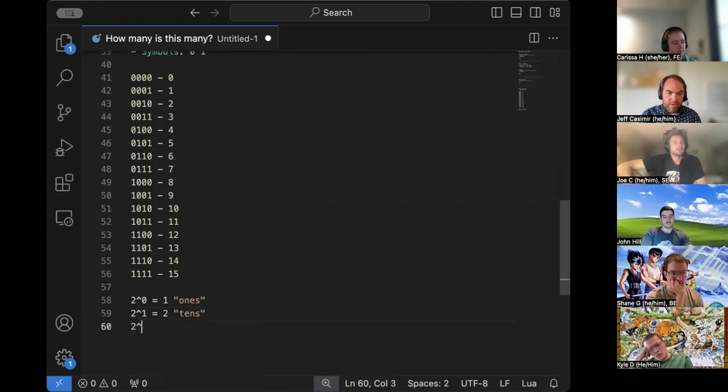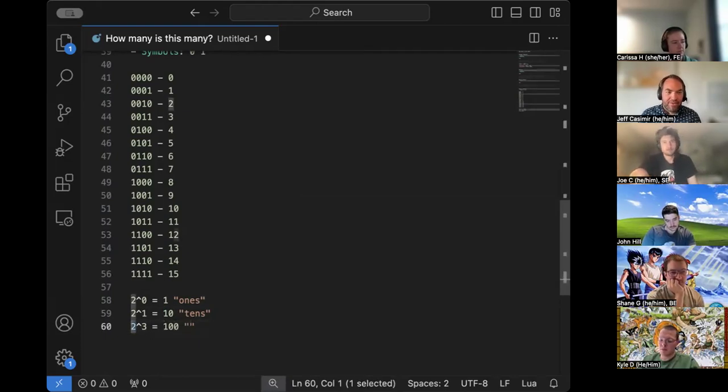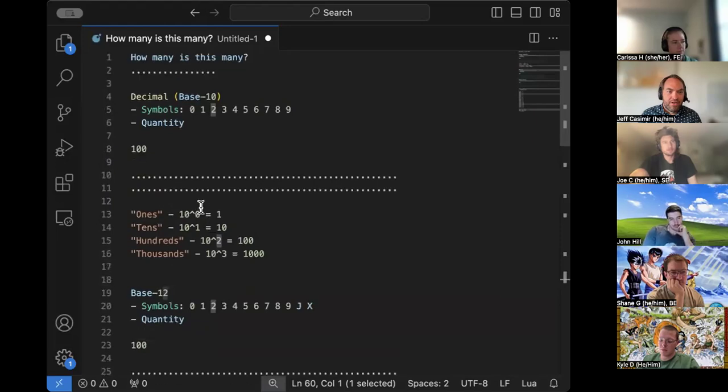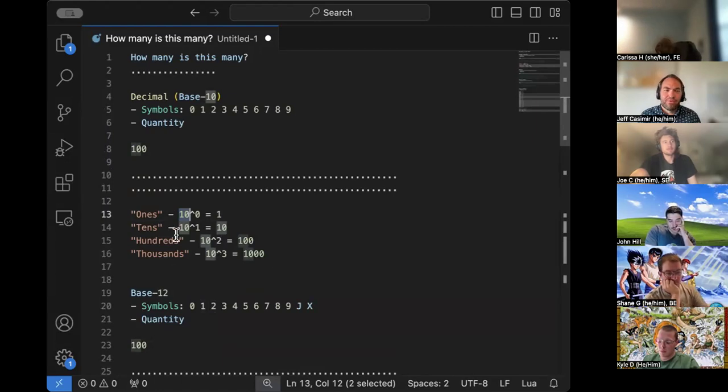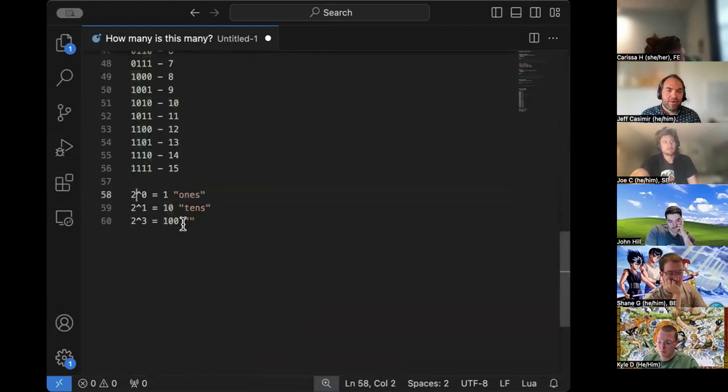And 2 to the power 3, because this is not 2, it's 1 0 in binary, would be like 1 0 0. And then you're like, wait, but there's a 2 over here. And I'm like, okay, fair. Because up here, we casually skipped over the fact that 10 doesn't really exist. 10's a compound symbol. And it turns out that down here, it's the same thing.